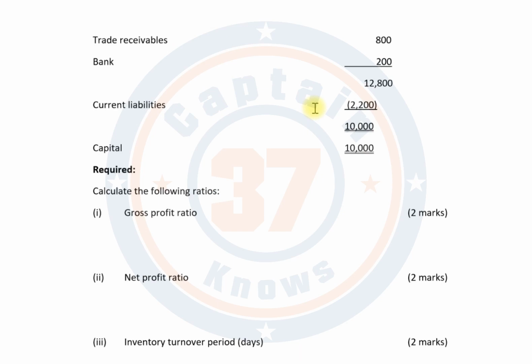Here is what is required. Calculate the following ratios. The first ratio is gross profit ratio. Then there's net profit ratio and the others that follow. That is what I want to focus on right now to show you how to do this.